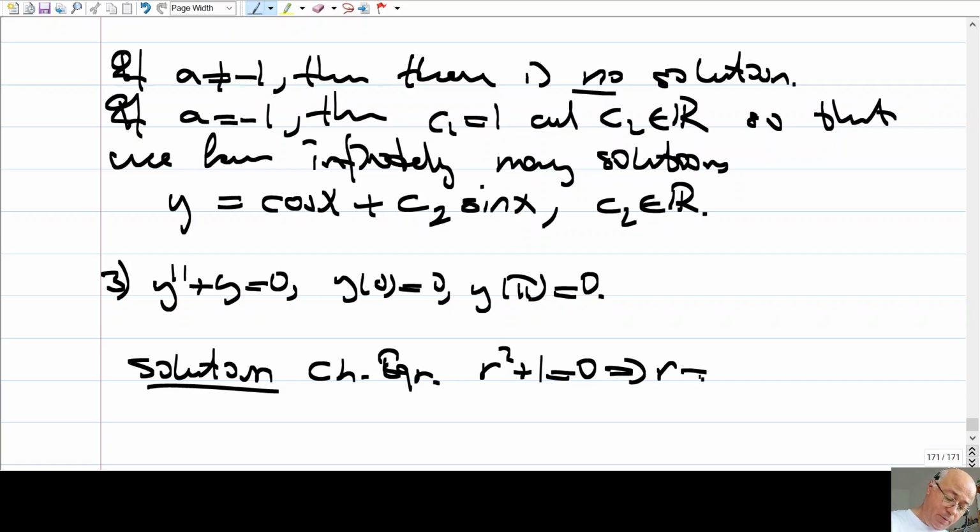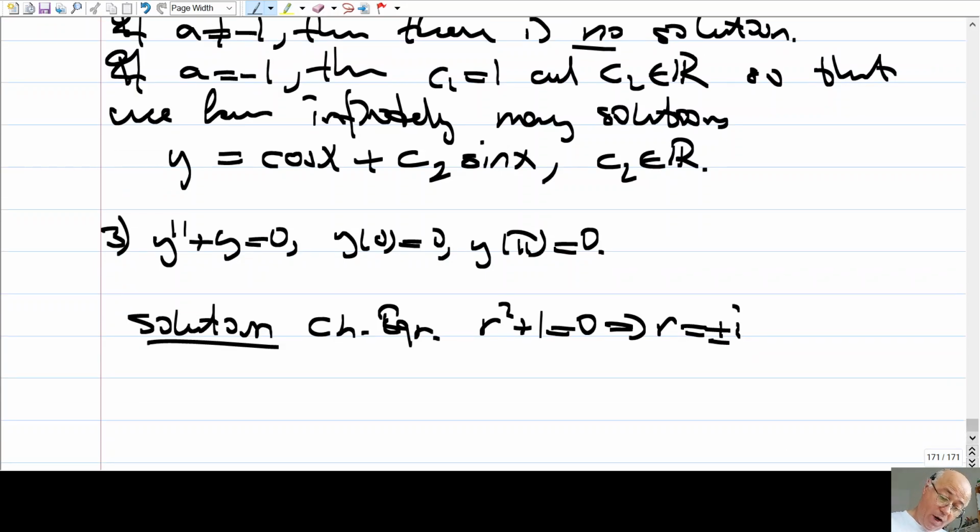So r is plus minus i. Therefore, y is just c1 times cosine x plus c2 times sine x.